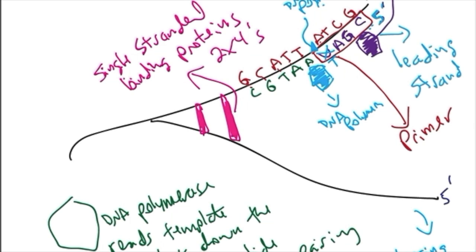It's going to go and find a 3 somewhere, like there, and it's going to go this way, and then it's going to find another 3 over here, and kind of go that way, like that. So you're just getting little fragments. But at the end, you'll have your DNA.